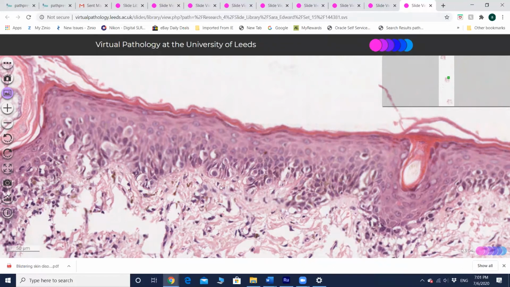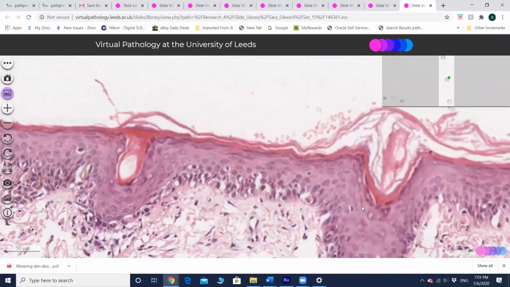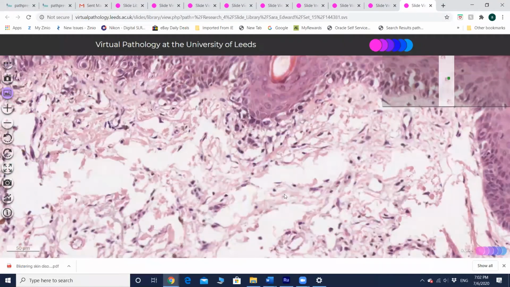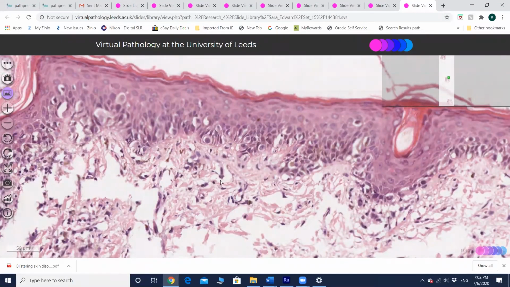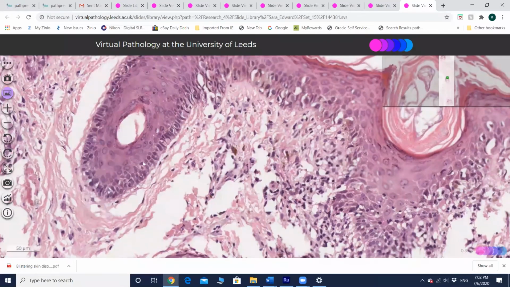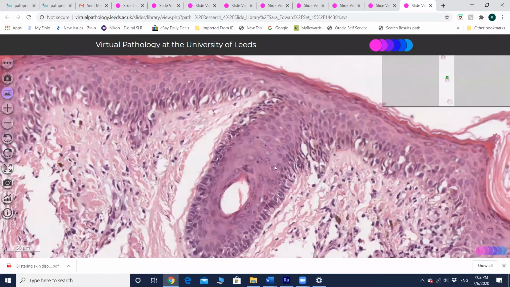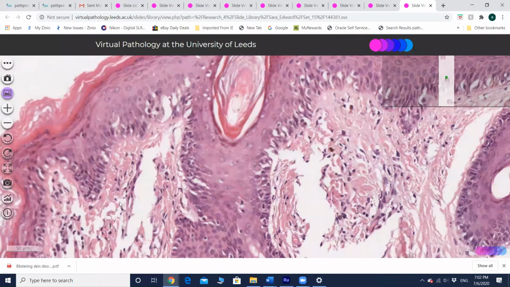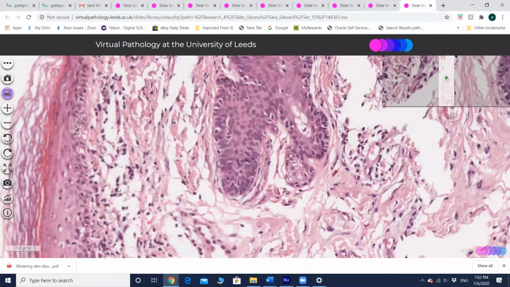There is a little bit of uniformity here, not very exaggerated, but unfortunately in these particular pictures I cannot go to very high power because some images are not scanned at that resolution. Hopefully I will be able to show you some scanned slides that I have of my own in other sessions.